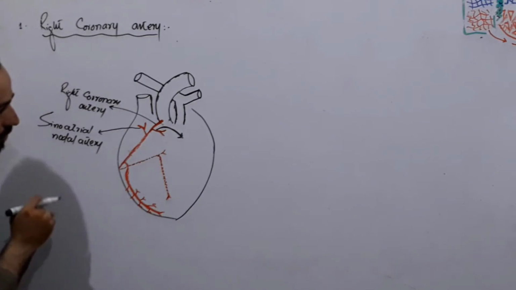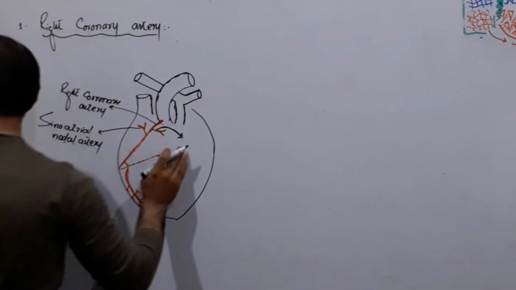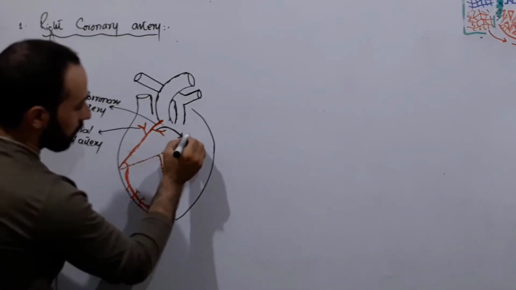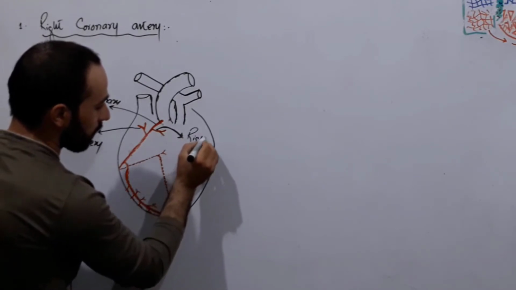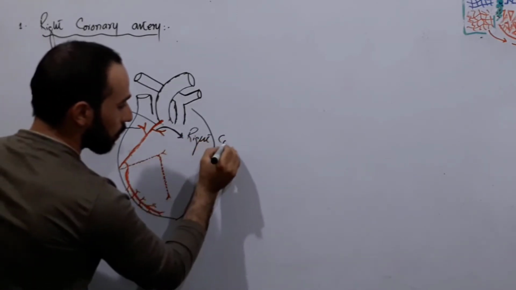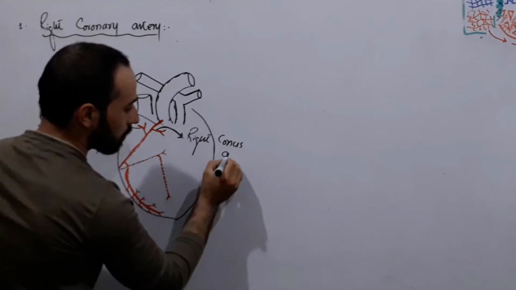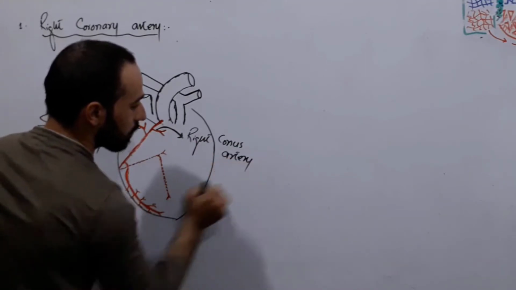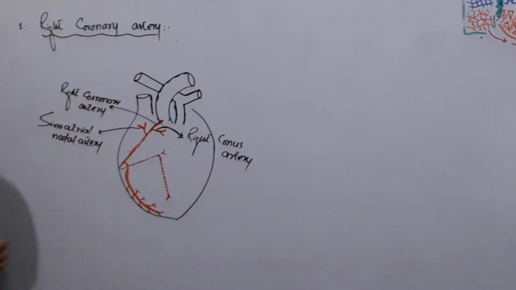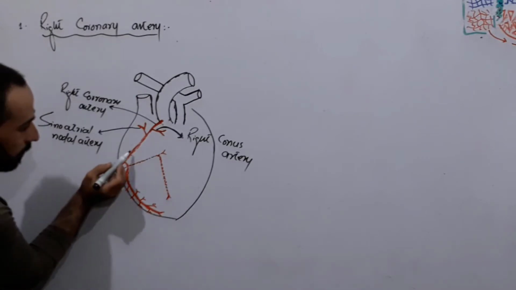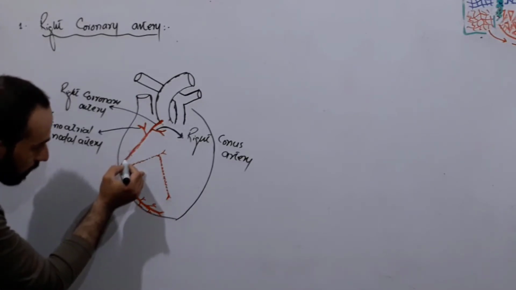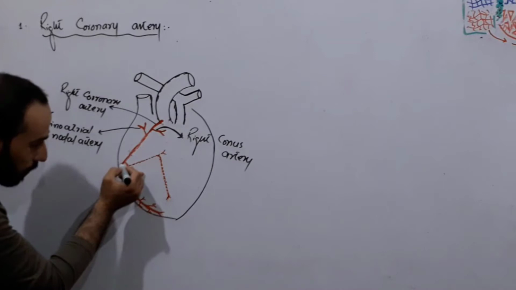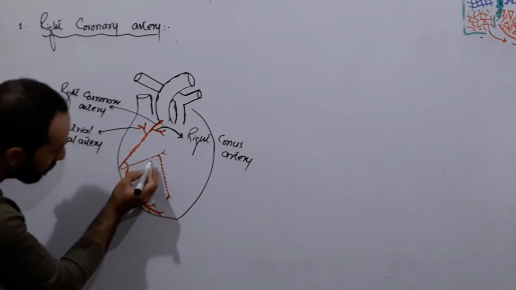This branch is called right, as it is on the right side. So this is called the right conus artery. Clear? Then we move forward and look at this point: the right coronary artery from the anterior side turns back.